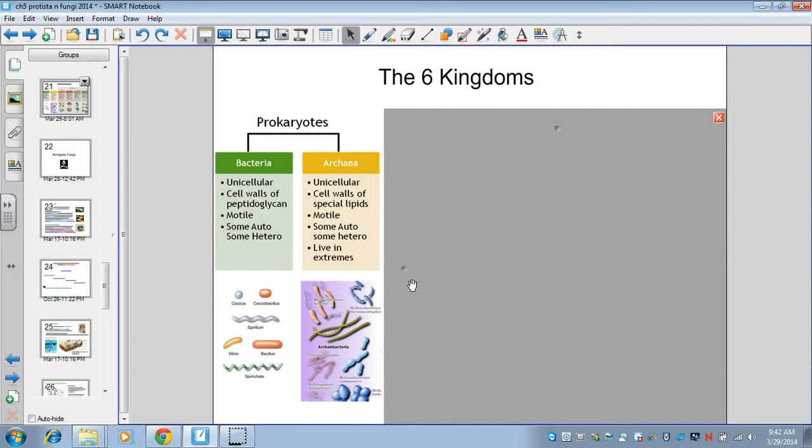So domain bacteria with kingdom bacteria, domain archaea with kingdom archaea. The archaea, remember, live in extreme conditions because the properties of their cell walls allow them to withstand extreme conditions.